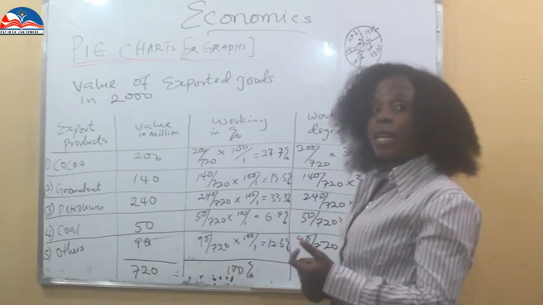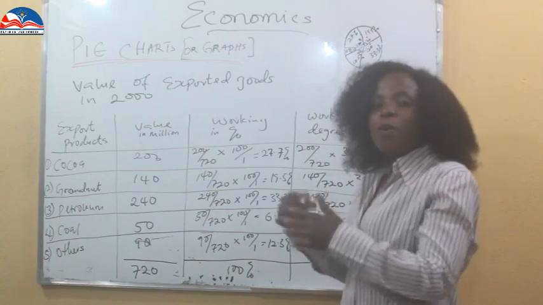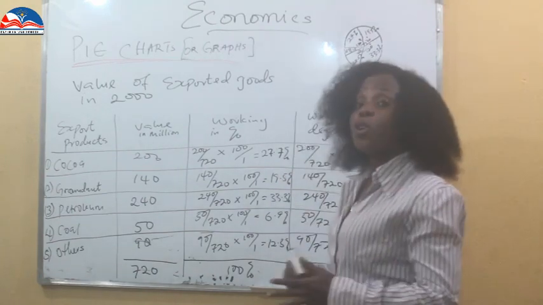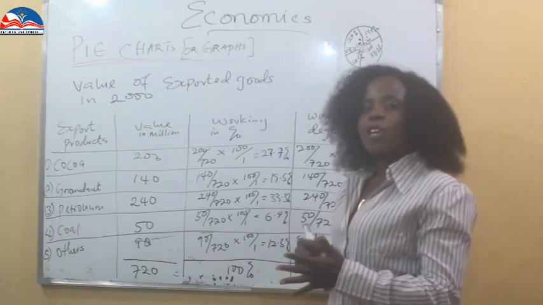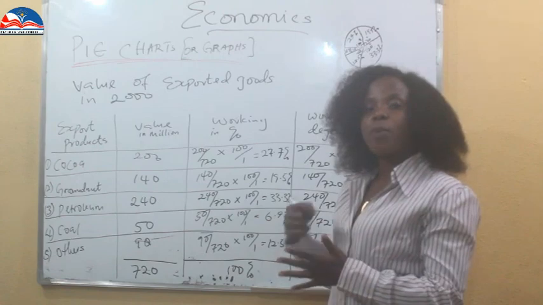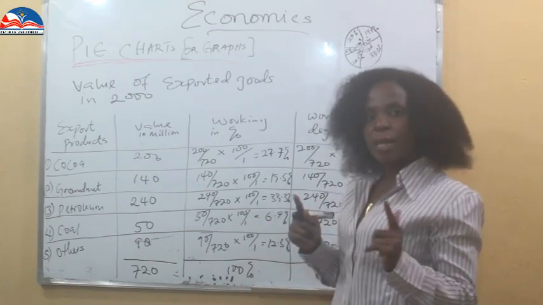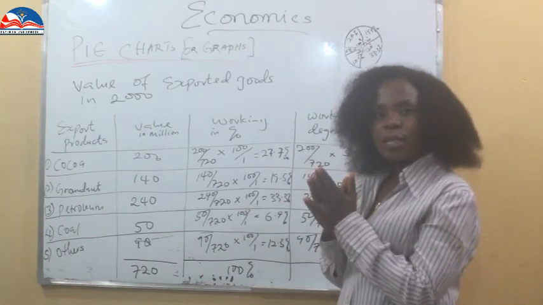What we have was 99.999, which approximately is 100. And in your mathematics, you were taught approximation. And so approximately we have 100%. So this is how you do your working for percentage.